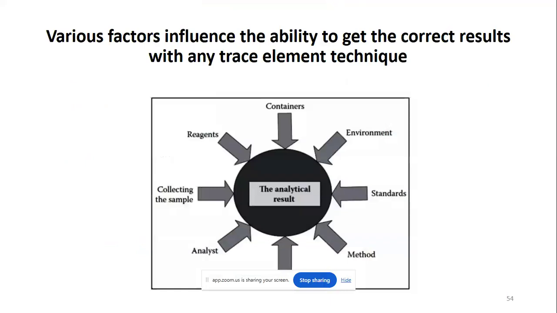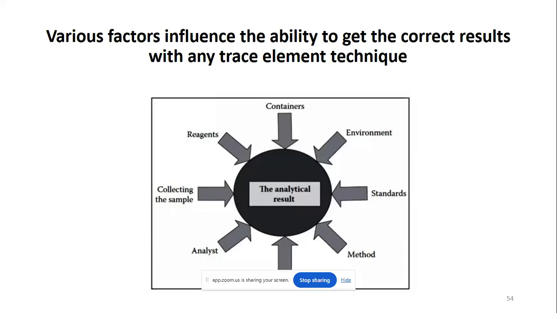This is again important. There are various factors which finally affect the accuracy of the results, which include the container where we collect the sample. If the container itself is contaminated or has something stuck inside, it will contribute to the error.